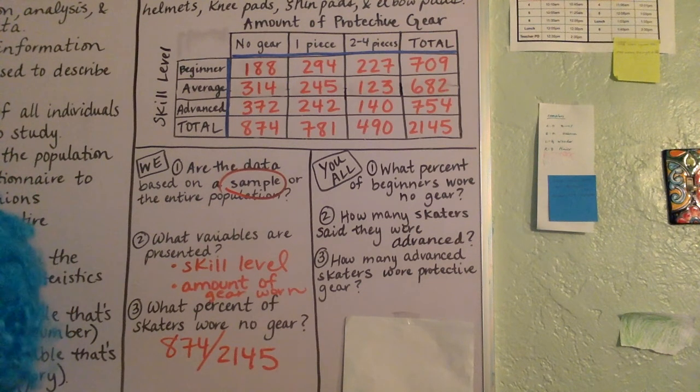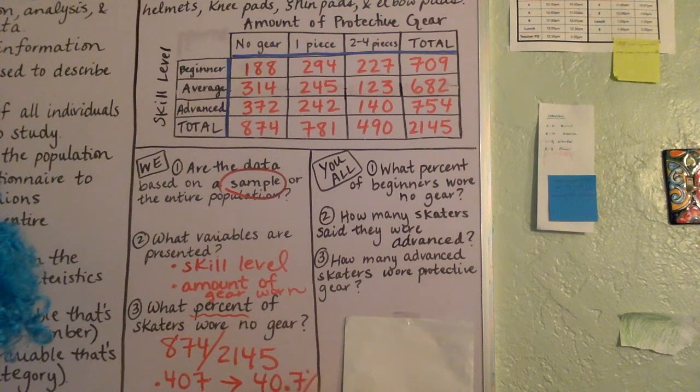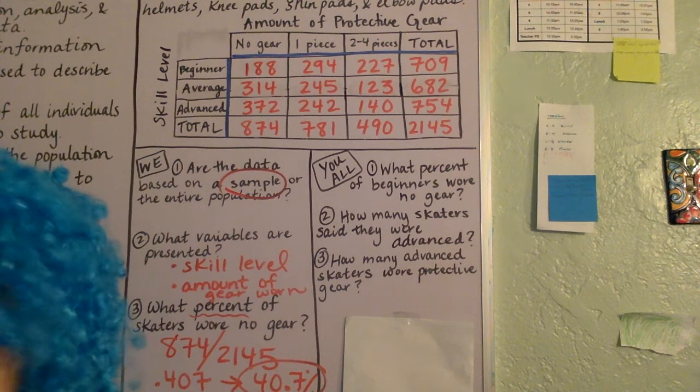If you divide this, you're going to get 0.407. Then if you move the decimal back twice, because they said what percent, that would mean 40.7% of skaters don't wear any gear at all.